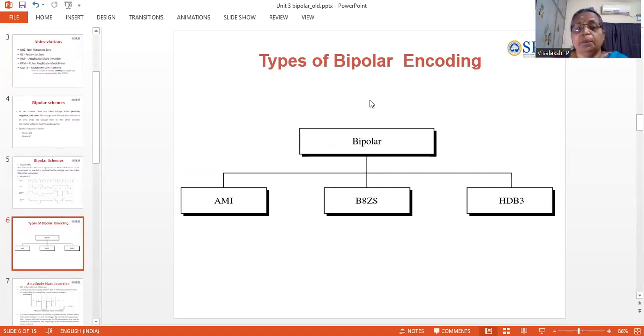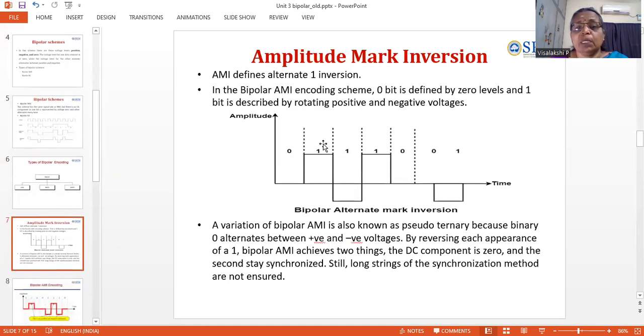If we take the classifications of bipolar encoding, there are 3 different types: AMI, B8ZS, and HDB3. So what is AMI? AMI is alternate mark inversion. It defines one alternate inversion.